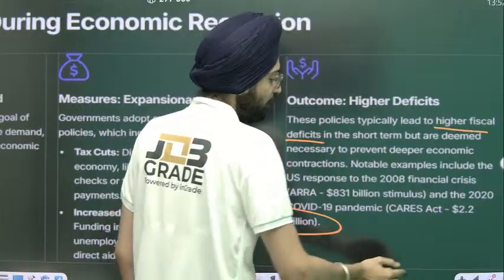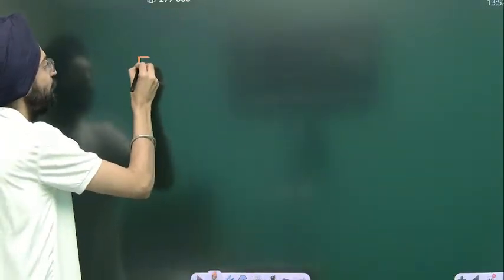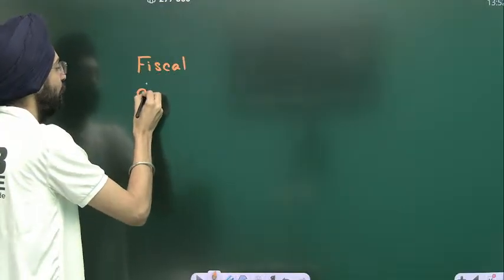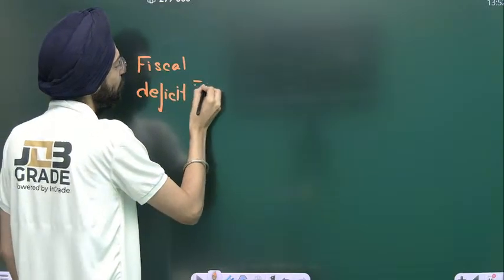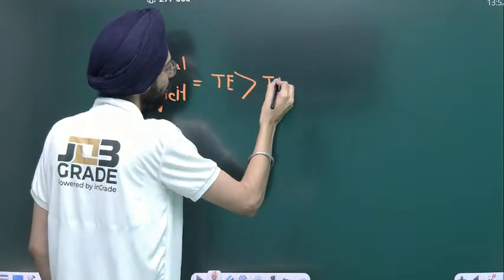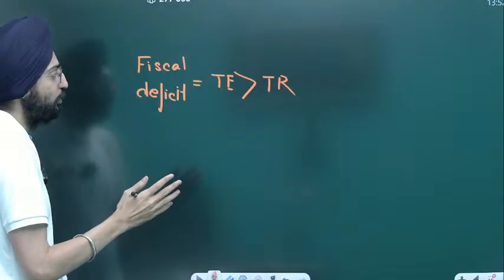What's a fiscal deficit? Its total expenditure is more than total receipts. That means your expenses are higher than your receipts. That's what it actually means.